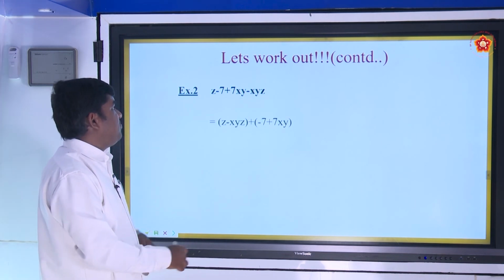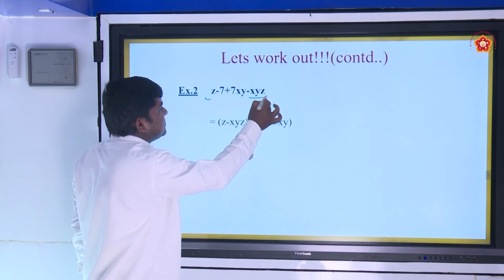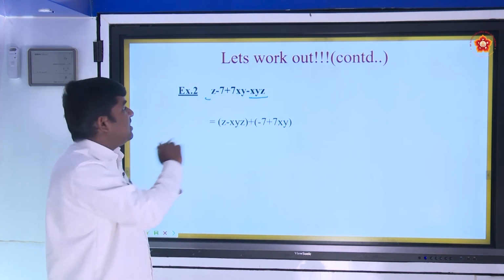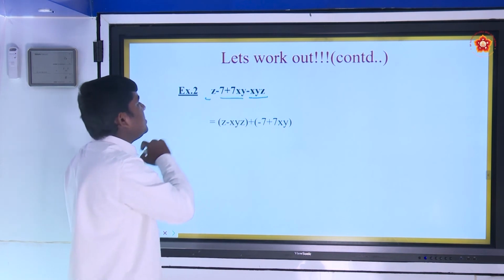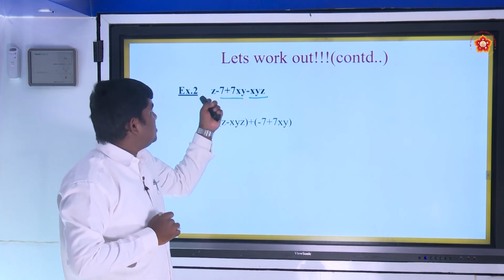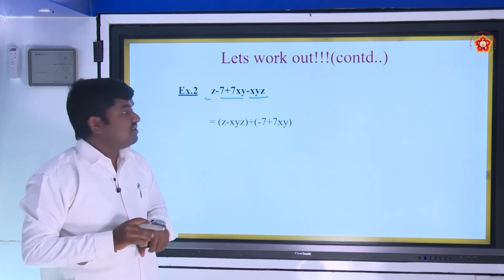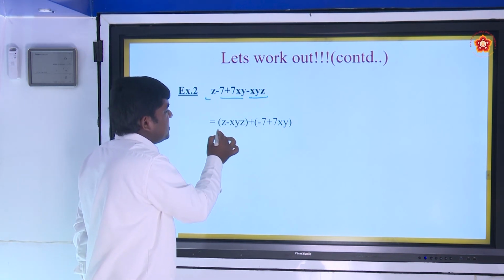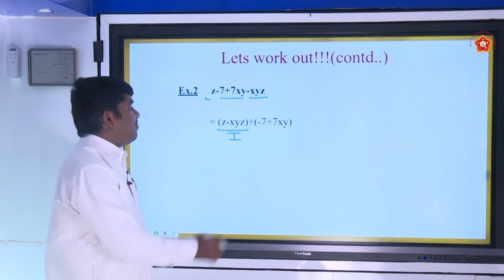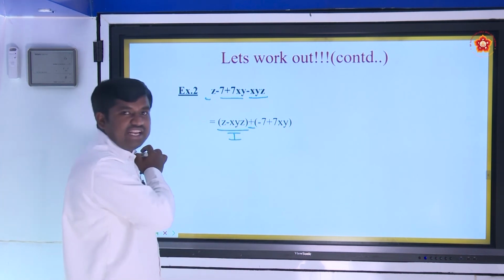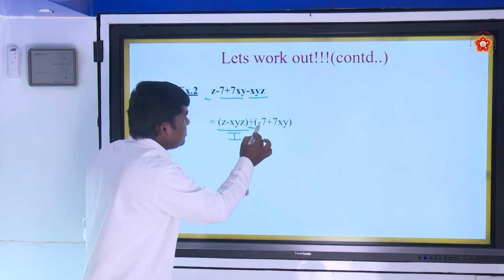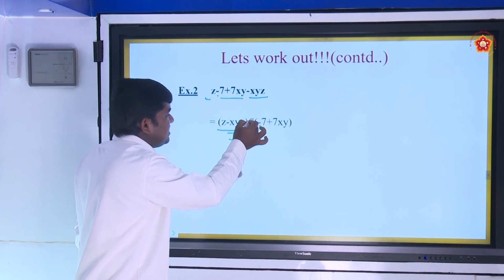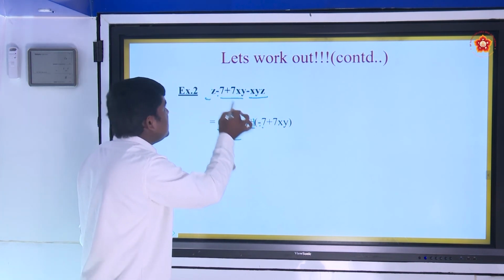See, how can we regroup? See, z minus xyz. In these two, z is common. Next, in the middle, minus 7 plus 7xy. In these two, 7 is common. Yes, so we regroup like this. z minus xyz is the first group, plus, I wrote a plus sign. See here, plus into minus is minus 7. Here nothing is there, meaning 1. 1 into 7, 7 only.